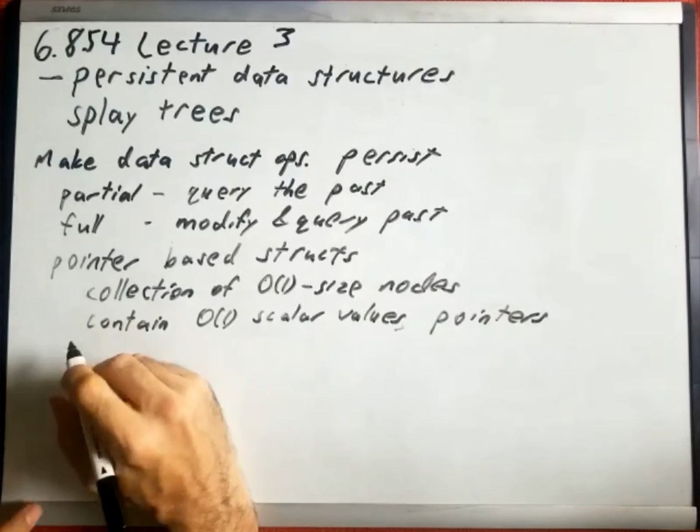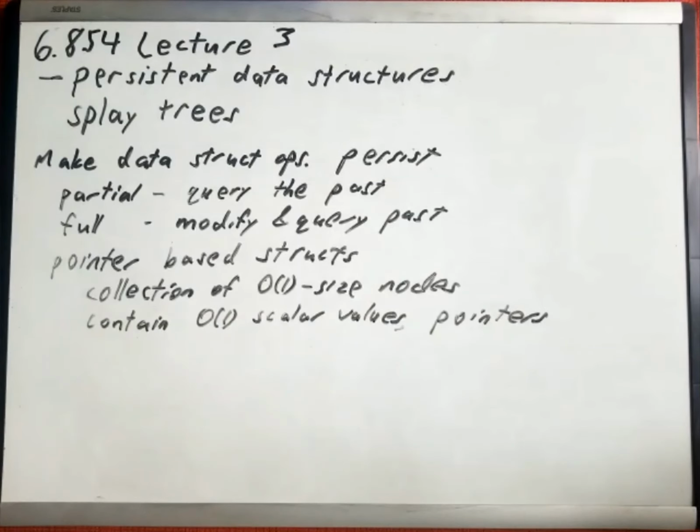Many of the data structures that we work with are pointer-based data structures. Arrays are a very important exception because they grow unboundedly large and contain an arbitrarily large number of pointers and take advantage of that for indirect addressing. But many data structures fit into this model, for example, binary search trees and heaps, or Fibonacci heaps.